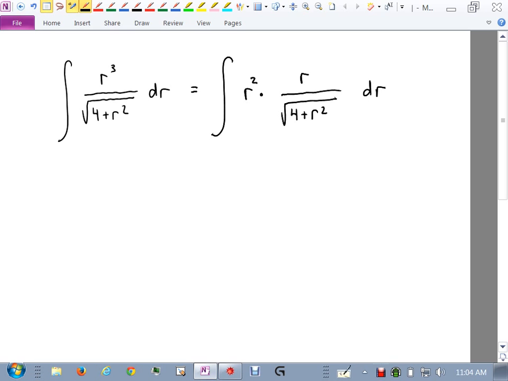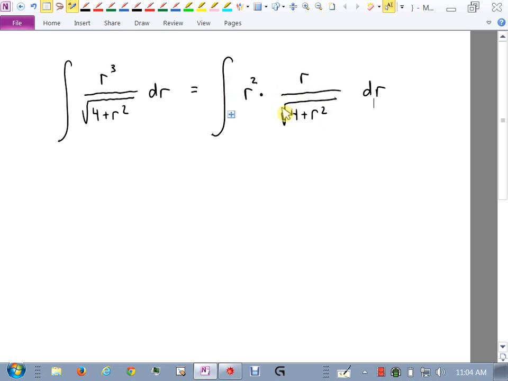What if I rewrote the integral that way? What I'm doing is taking the r cubed and peeling off one r. I could do that, right? Make it r squared. Now, the question would be, which one of these would you call u and which one would you call dv? And why did I do this? Why did I peel off that r?